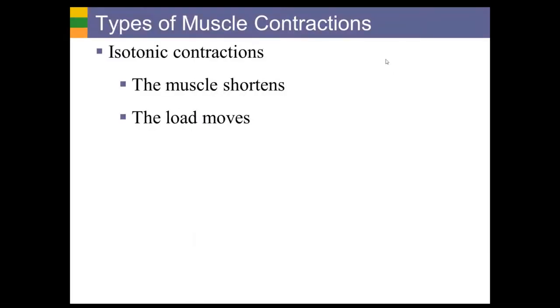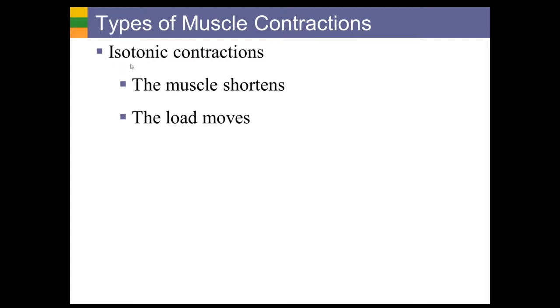Okay, let's talk about isotonic contractions. So we're going to contrast isotonic contractions with isometric contractions. So does anyone remember what iso means? Just think about it for a second. Remember hypertonic, hypotonic, and isotonic? Remember when a cell was in an isotonic solution, the concentration inside the cell and outside the cell were the same.